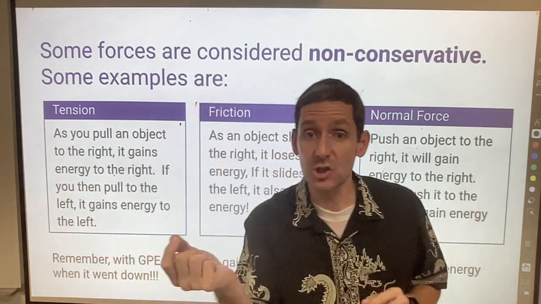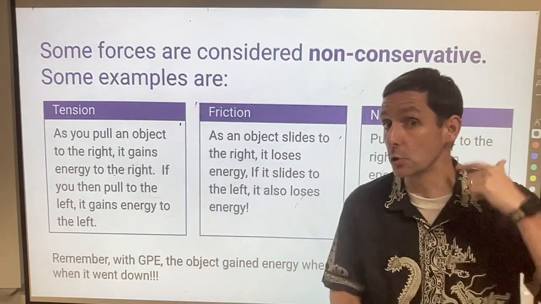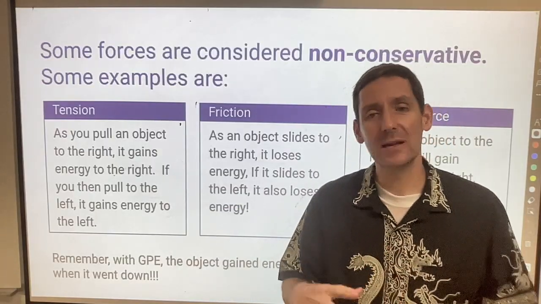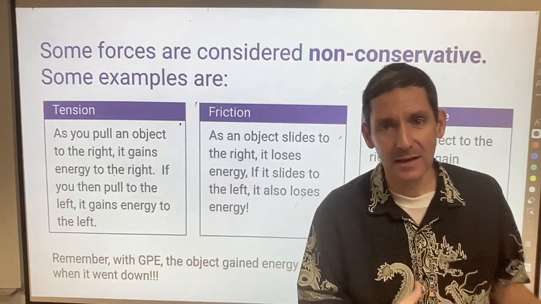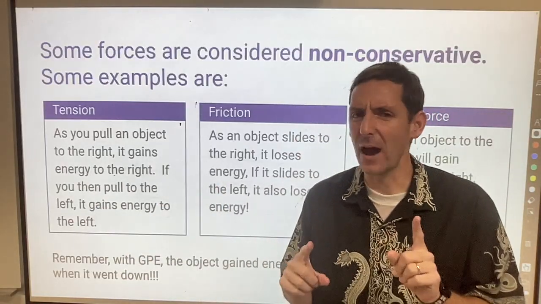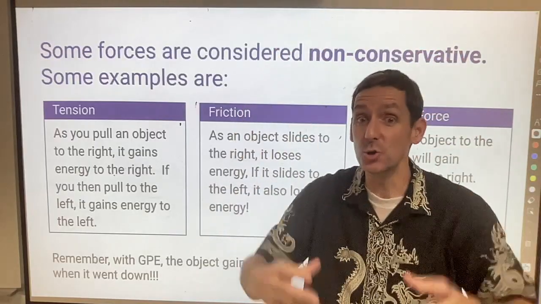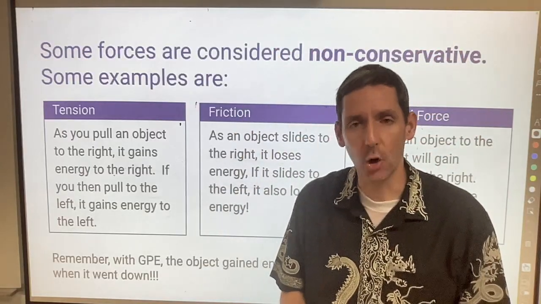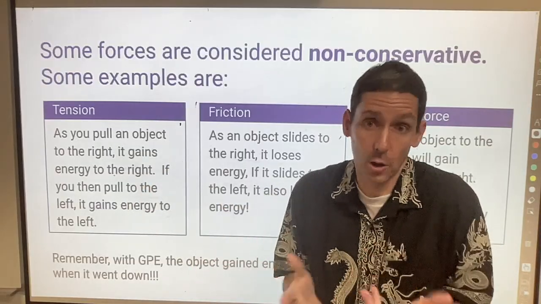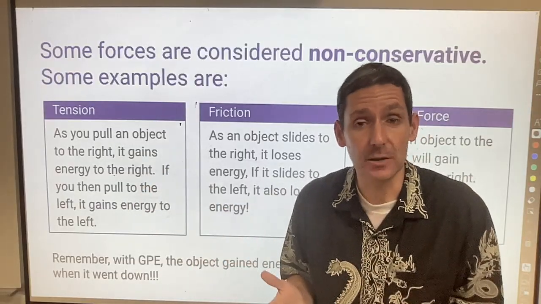If I then take the string and I pull the other direction, it's going to gain energy in that direction, right? So whatever direction I'm pulling, it's going to do positive work in that direction. And so it's not like gravity, which was gain energy one way, lose energy the other. And so depending on how I pull, my object will gain more or less energy, right?